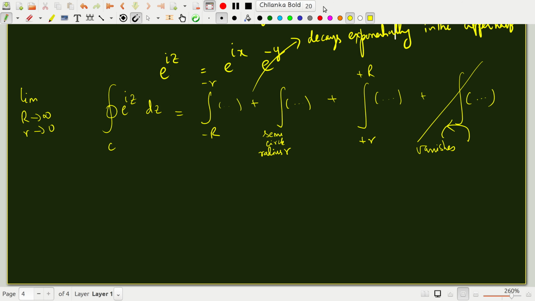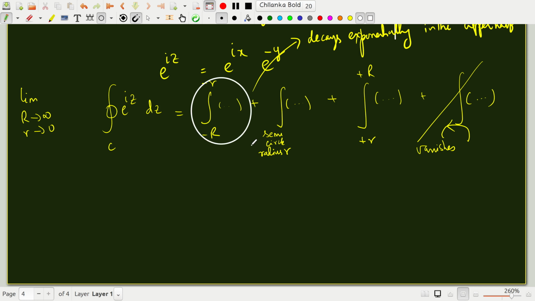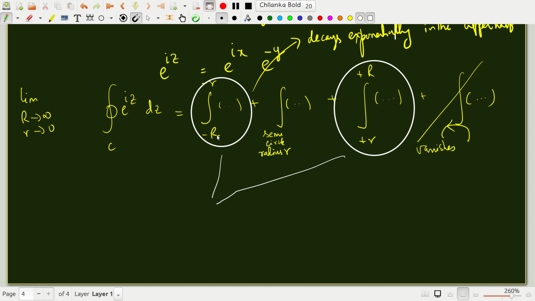Now if you look at this bit and this bit, put together, they combine and give, if I add these two in the limit as capital R goes to infinity and small r goes to 0, this really is the integral that we want, e to the iz by z.